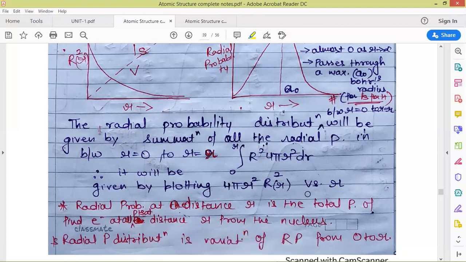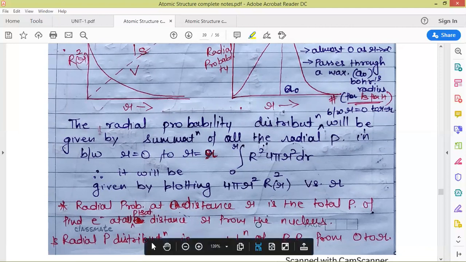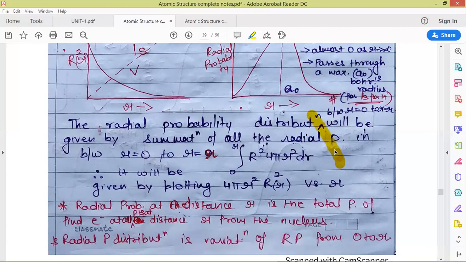So now we can define radial probability at a distance r, meaning at a distance small r, as the total probability of finding the electron at all points at distance r from the nucleus. If this is the nucleus, and this is a point at a distance r from it, we are saying radial probability of finding the electron at a distance r from the nucleus.